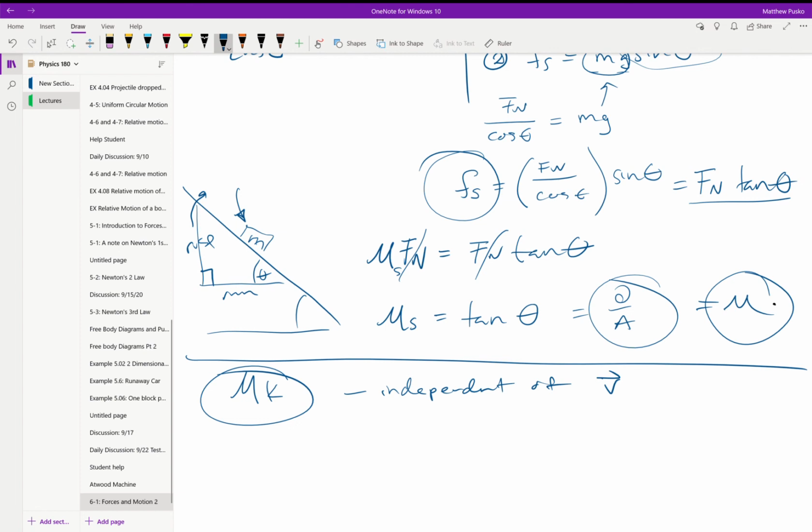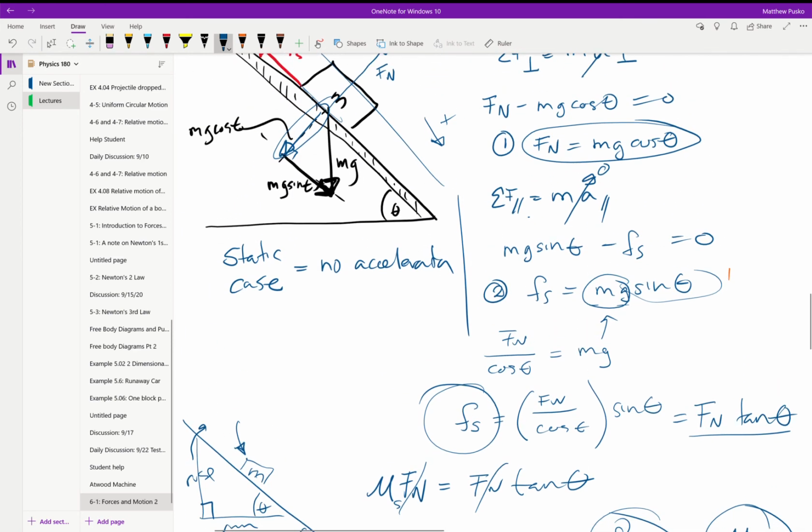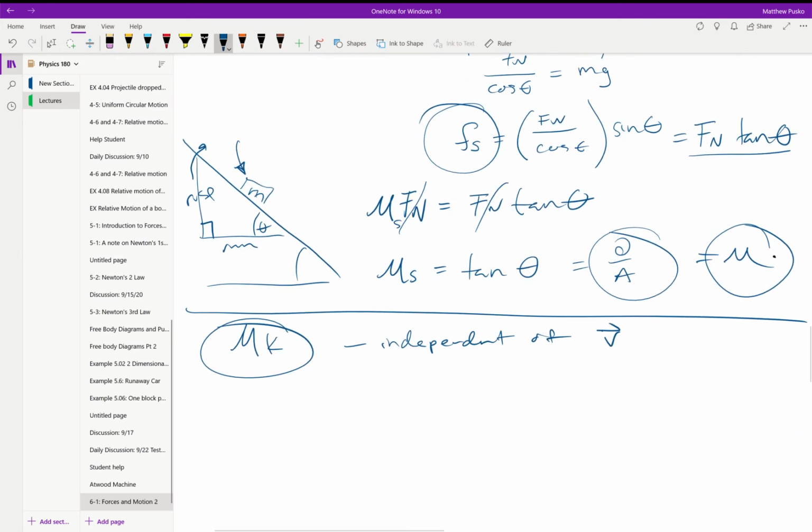If the component of the weight is equal to the kinetic friction, so we have this component right here, if mu k times the normal force is equal to that mg sine theta, and this normal force off our free body diagram was mg cosine theta, and that equals mg sine theta.